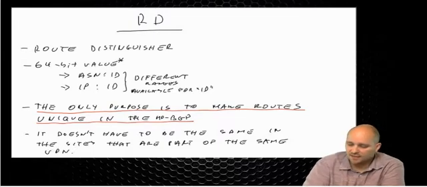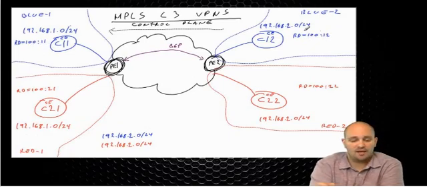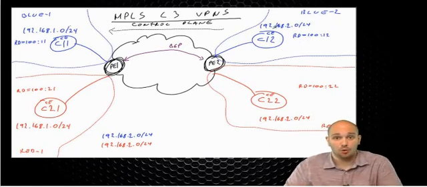So this is the case that we have right now. We can see that the blue route distinguisher here is 111 and here it's 112. These sites are parts of the same VPN, but the route distinguisher doesn't match on them. This is perfectly legitimate. Mind you, it can match.